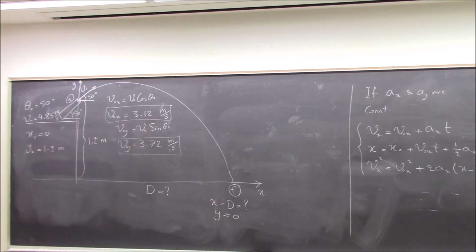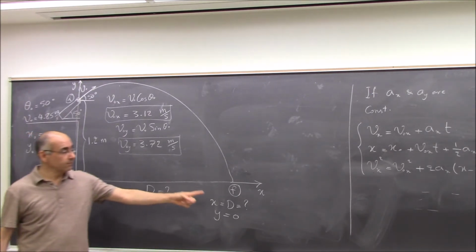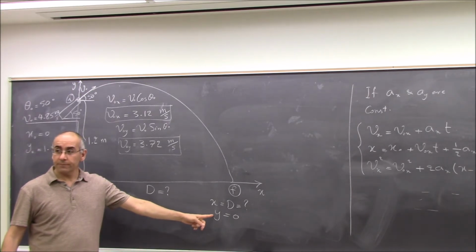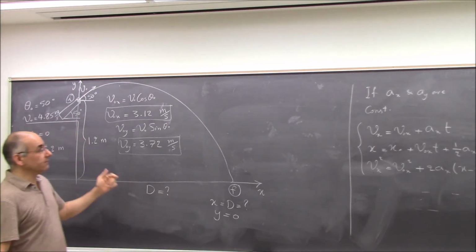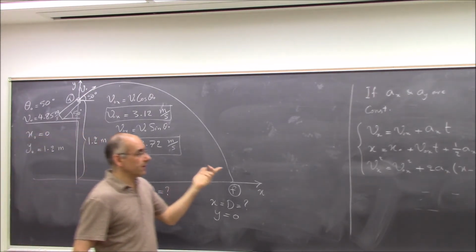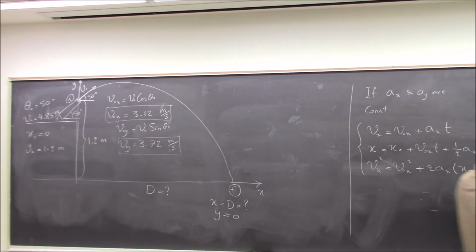What else do we know? AX is 0, yes. And AY is negative g.